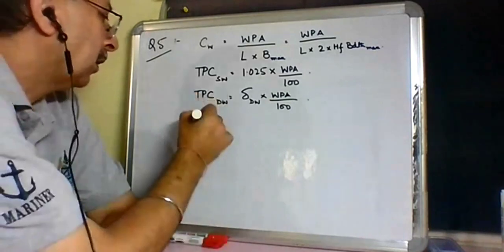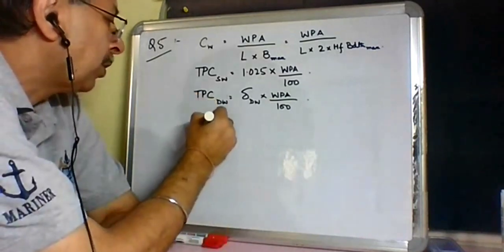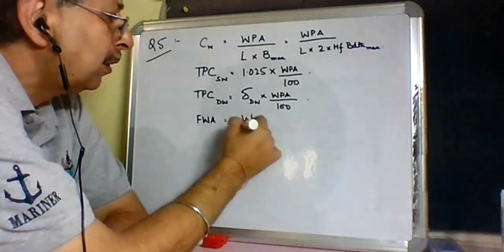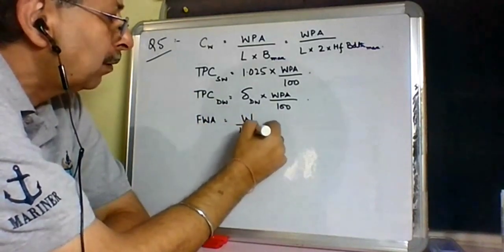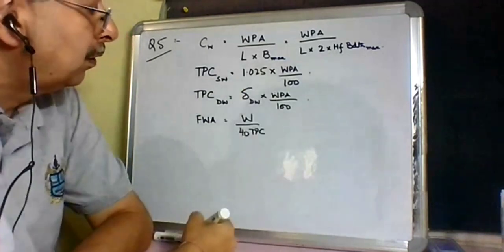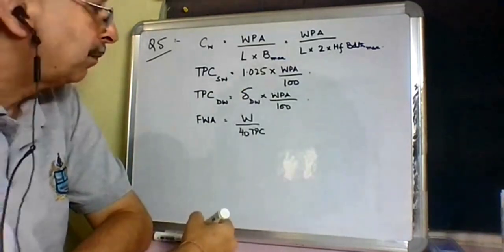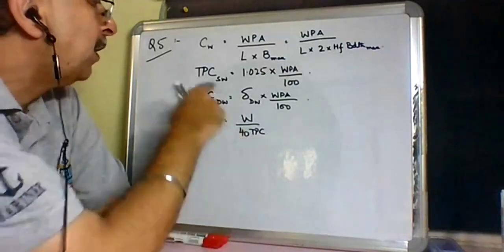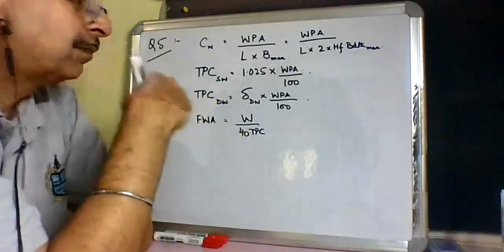Then similarly, freshwater allowance. In some other question it will come as W upon 40 TPC. APC you will find out from the previous formula.